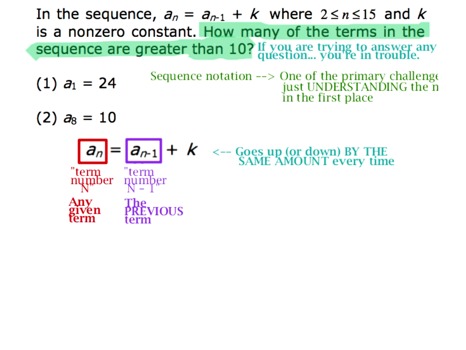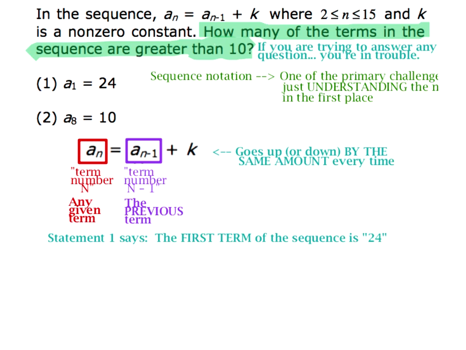So statement one says that the first term of the sequence is 24. Remember what we're trying to do. If we can get two different answers to this question, then that's not sufficient. And if we're stuck with one answer to this question, then that's sufficient.